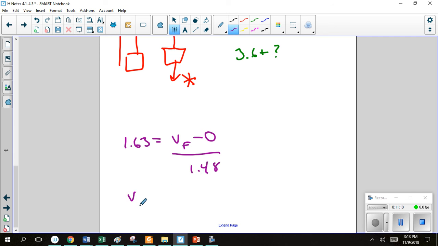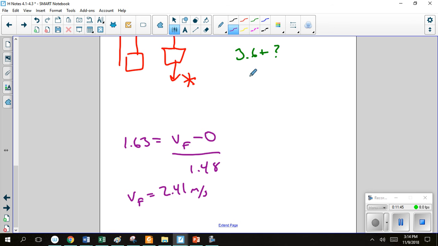And that gives us a velocity of 2.41. So it's going 2.41 meters per second when the other one hits the ground. So now gravity is going to affect it. The other one hit the ground. It's no longer acting in tandem in this whole system. Now gravity is the only thing that's pulling it down. The other one already hit the ground, so it's not going to pull it down anymore.